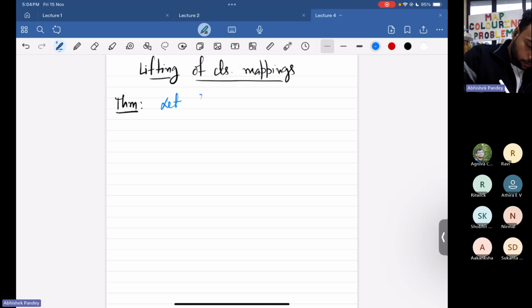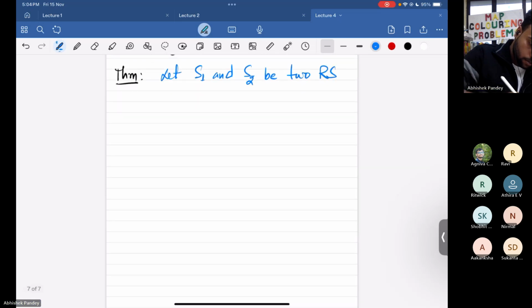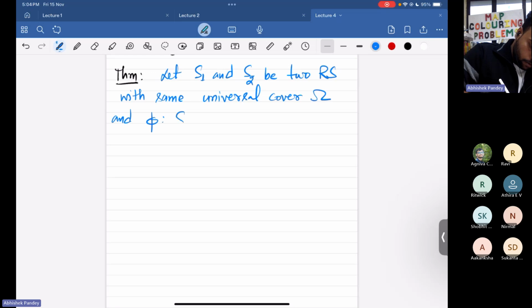So let S1 and S2 be two Riemann surfaces with the same universal cover Omega, and phi is any continuous map.